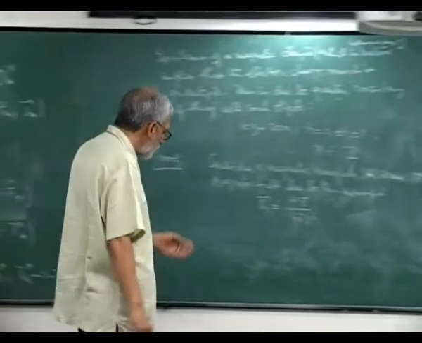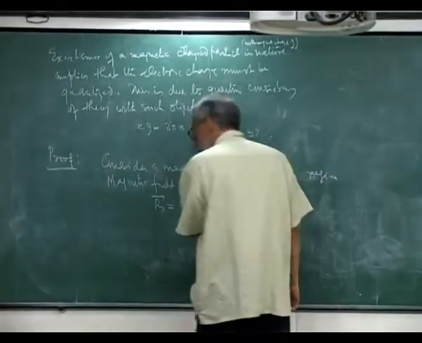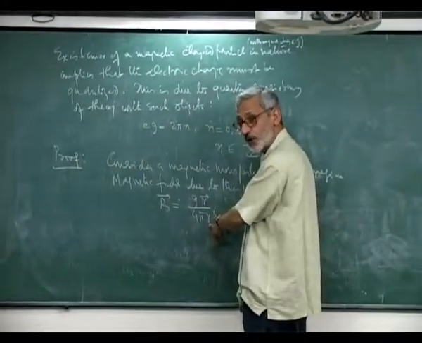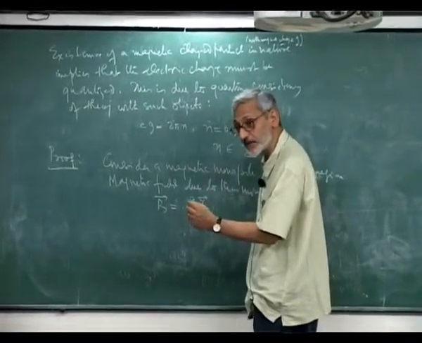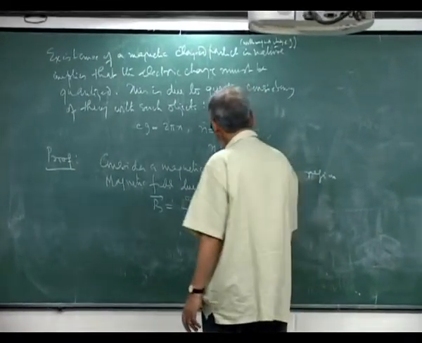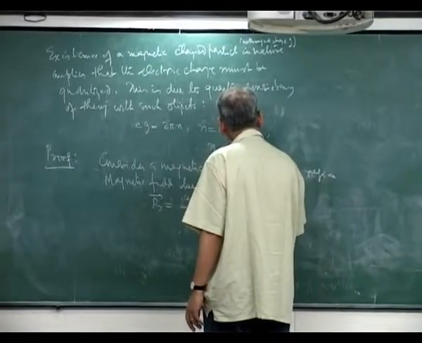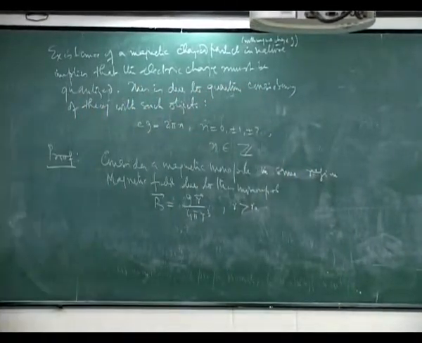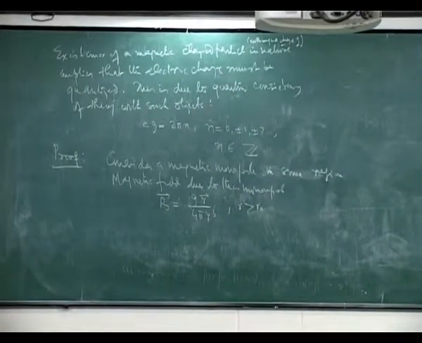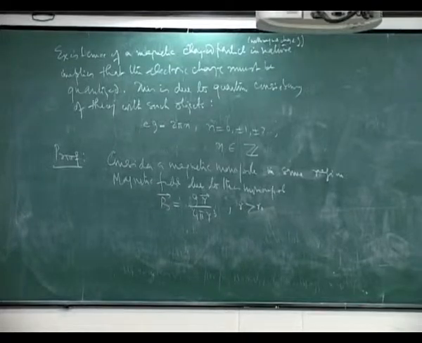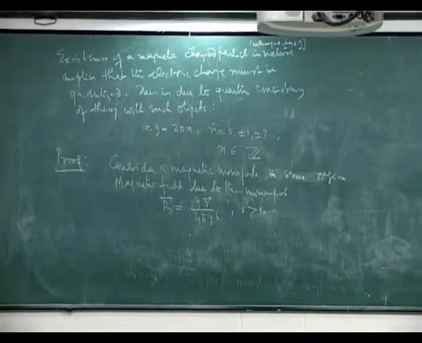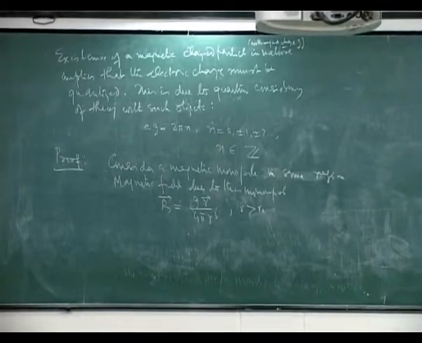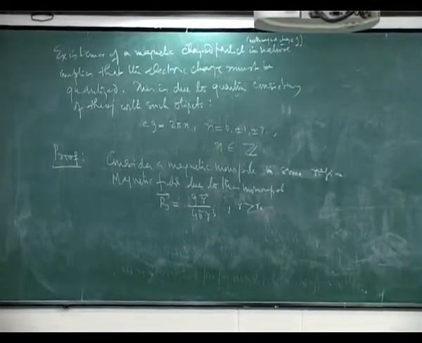Now, to avoid the issues related to what happens at r equal to 0, the origin, where the magnetic field is singular, let's consider a region away from the origin. So this is the field somewhat away from the magnetic monopole, in some neighborhood of size r0 and beyond.